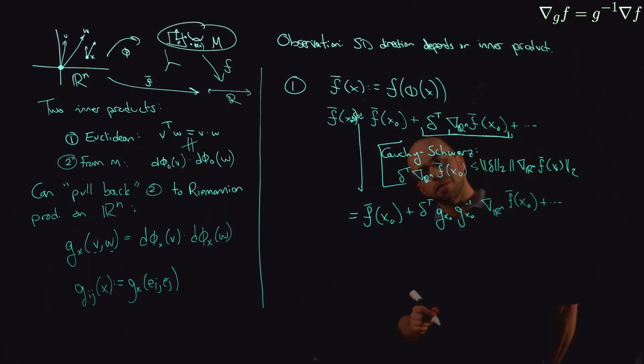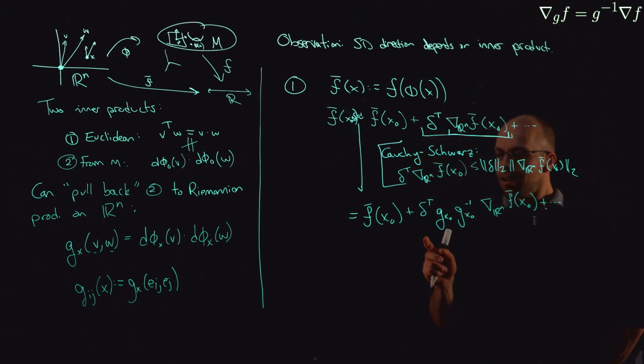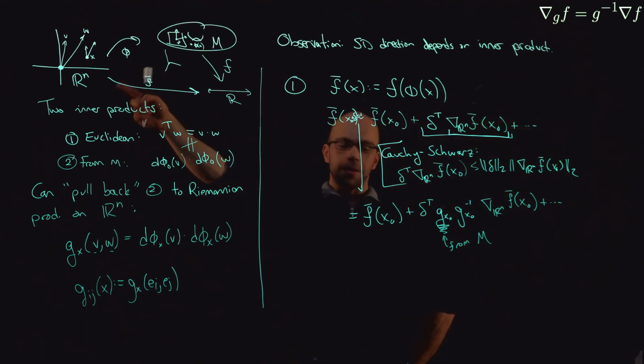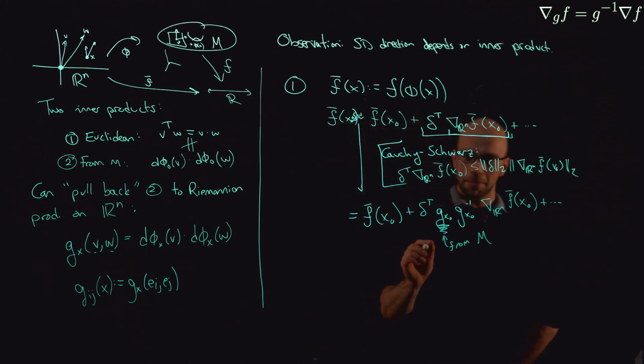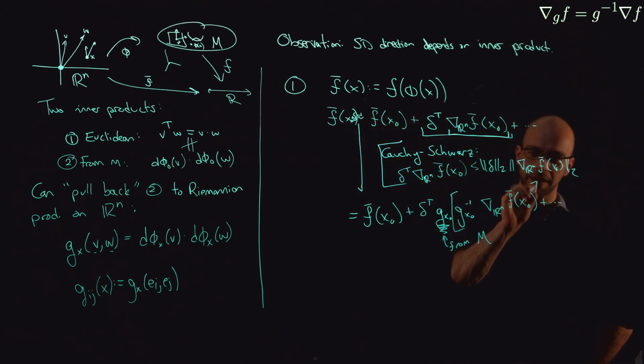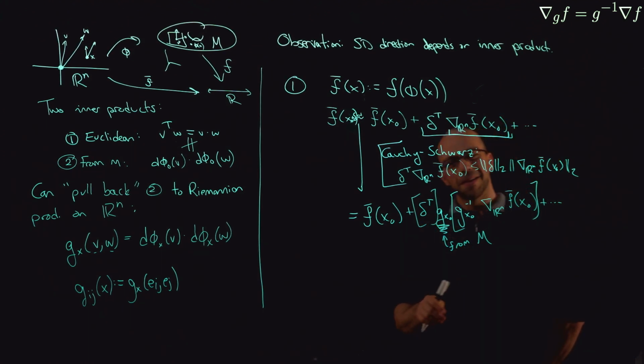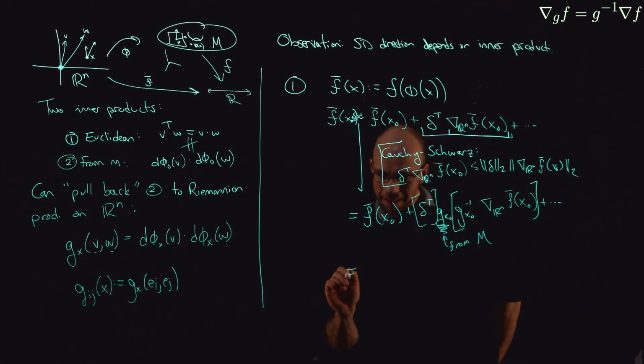Okay, so why on earth would I do that? Well, now effectively what I've done is I've pulled back the metric from M, and I'm using it back here. And so at the end of the day, if I parenthesize this expression in a different fashion, then I can understand this as follows.